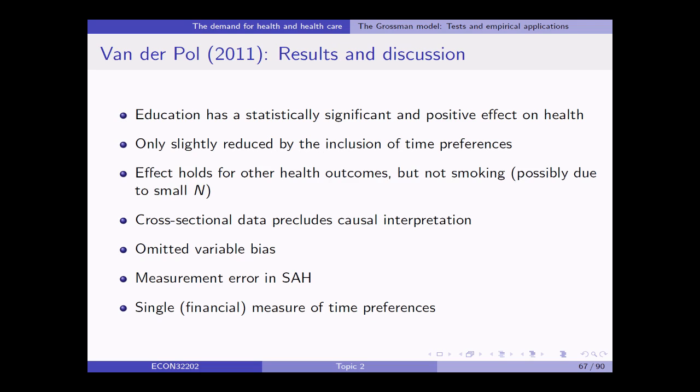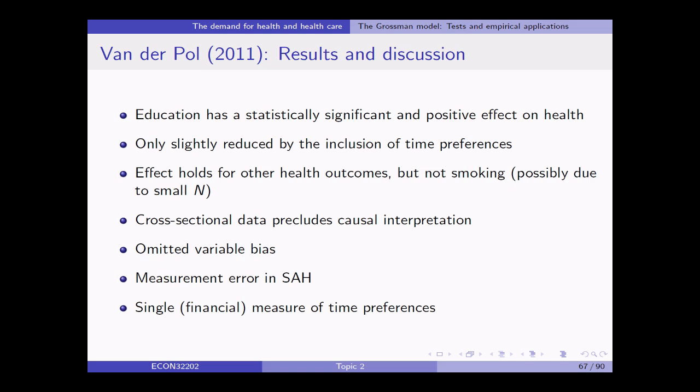So if you look at people's time preferences for money and assume it's the same as health, that might not strictly be the case. Just because you've got some measures about how people trade off now and in the future in terms of money, doesn't mean the same people would do the same thing if it was a health outcome instead. But the take home is time preferences don't really affect the relationship between education and health.